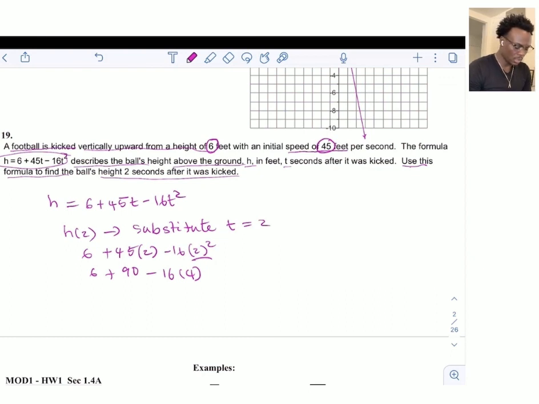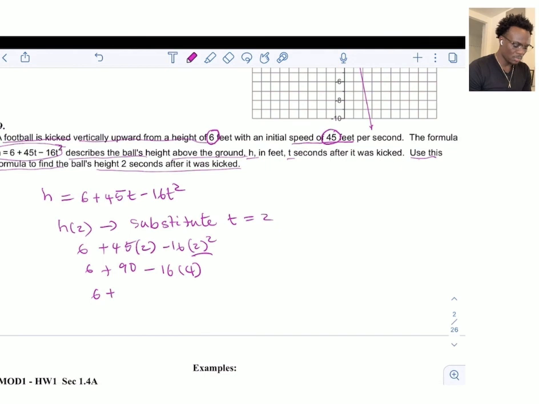So that's 6 plus 90 minus 64, and the height after 2 seconds is 32 feet.